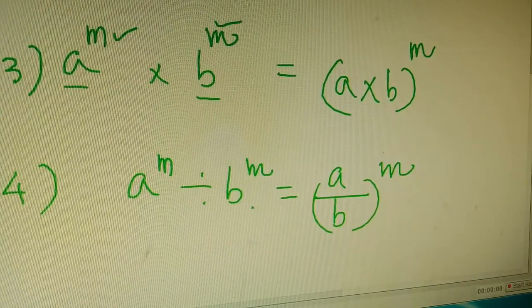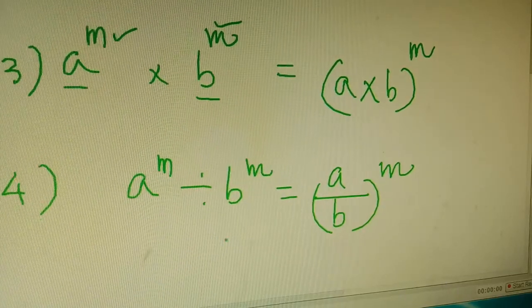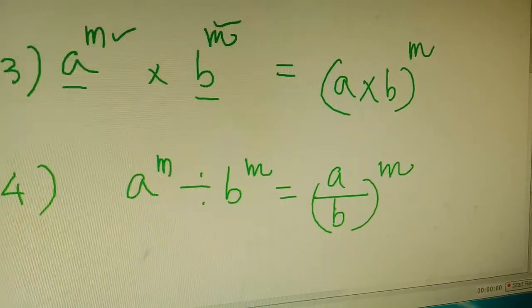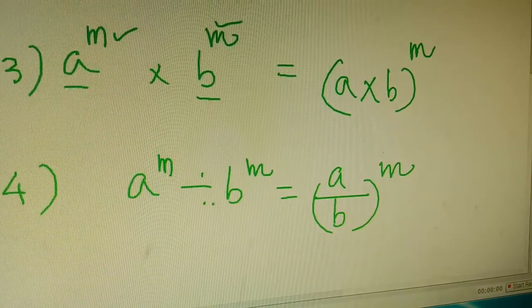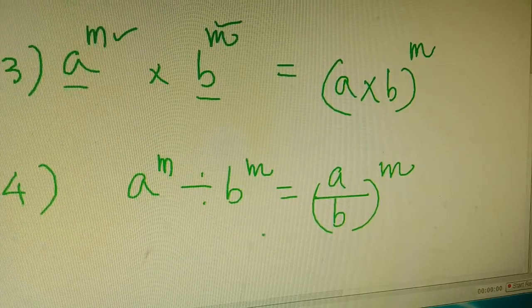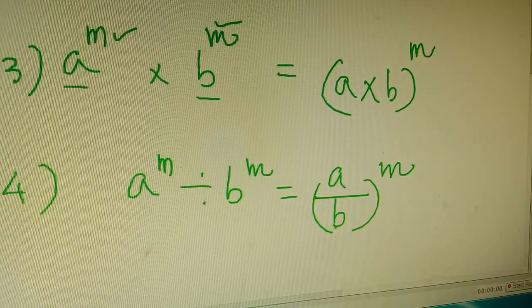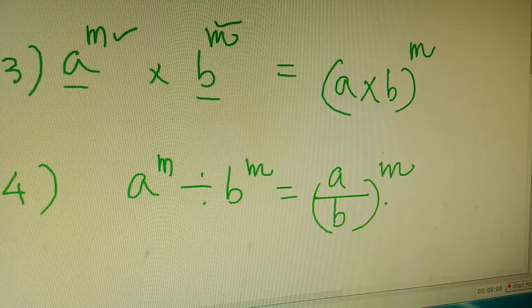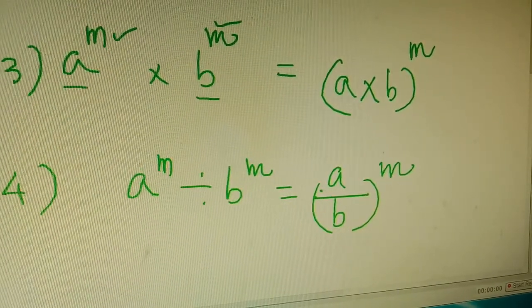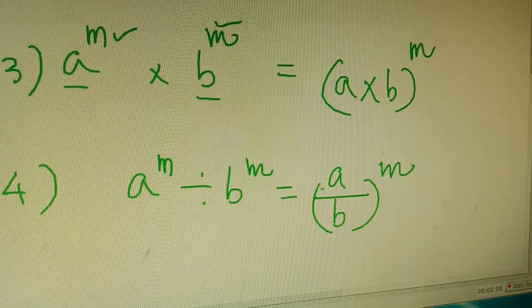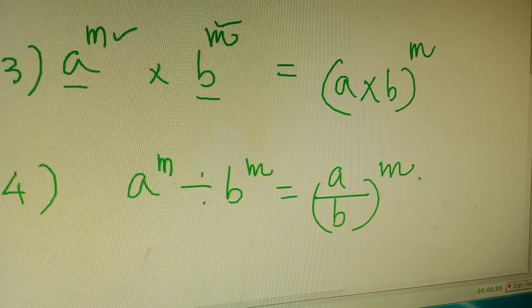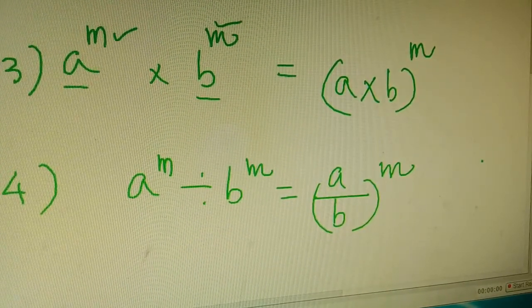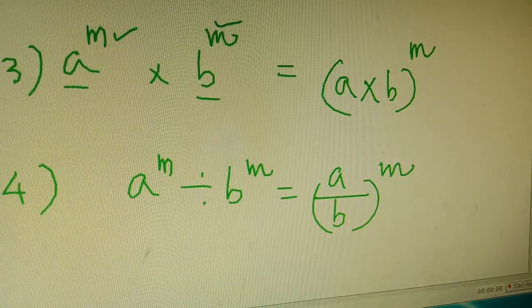Here also the bases are different but the powers are the same. a to the power of m divided by b to the power of m is equal to a by b to the power of m. These laws also we can verify by some examples. Now we can move to the next law, the fifth law.